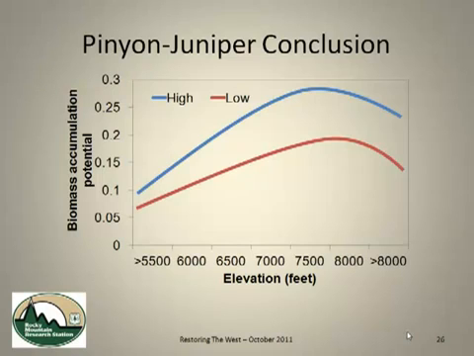But it appears that the peak of that potential was a little bit lower in elevation than the low-quality sites. So this is something that needs to be explored further since we don't have a strong grasp of site quality in Pinyon-Juniper. This is something that begs further explanation.